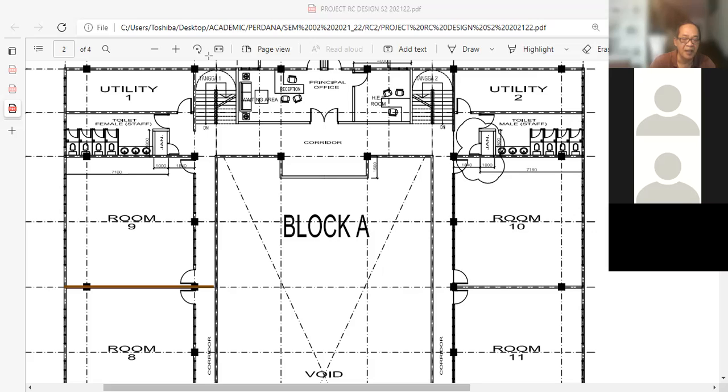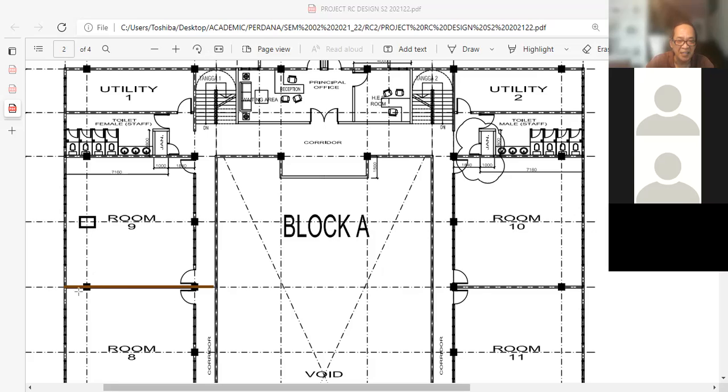Okay, so one indication here is that when you're putting up a framing plan for the columns, make sure all columns are connected to each other with beams. Remember, here there is actually a column, but the column will stop here, it will not continue. There is a column below.